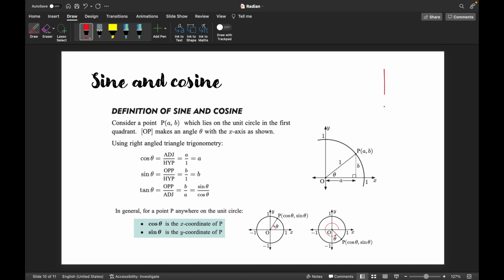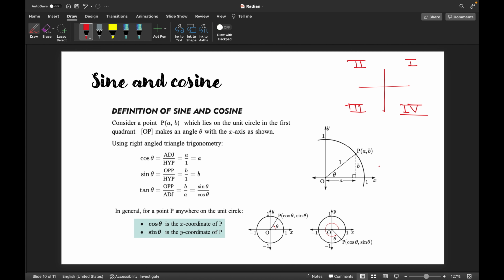So I hope you guys know what the quadrants are. This is the first quadrant, this is the second quadrant, this is the third, and this is the fourth quadrant. First, second, third, fourth, anti-clockwise, starting with the right topmost one.